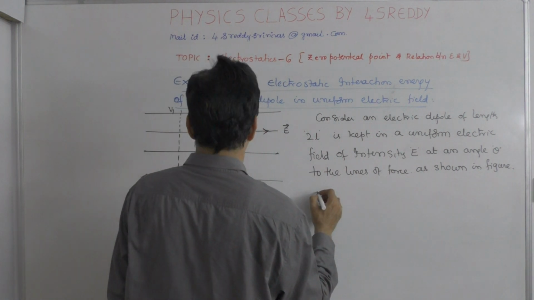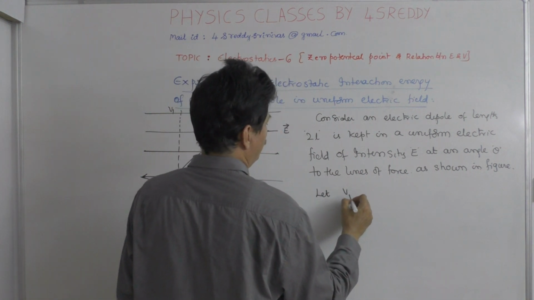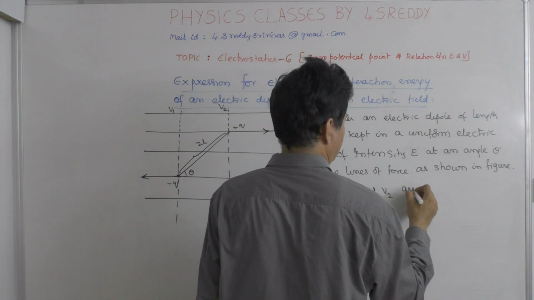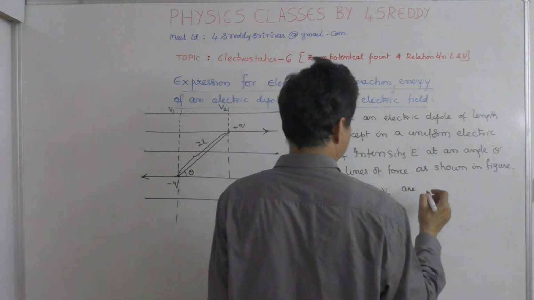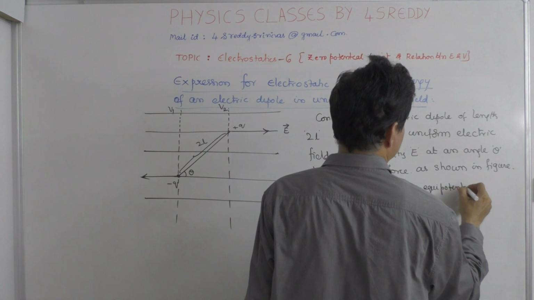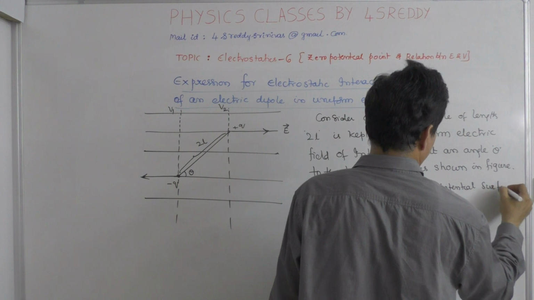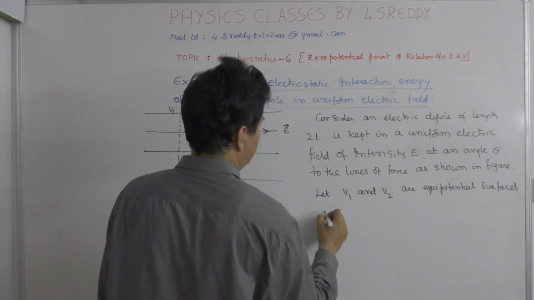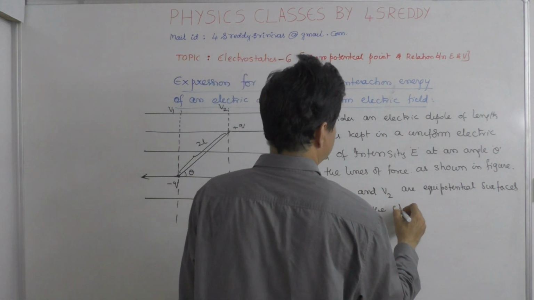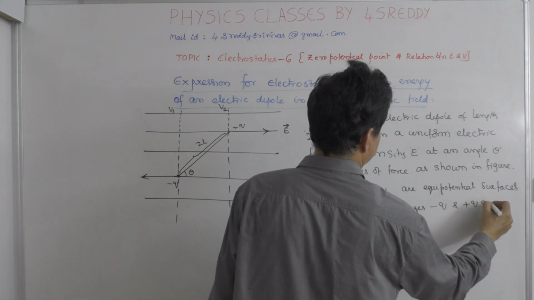Now, let V1 and V2 be the equipotential surfaces at which the charges minus q and plus q are placed.